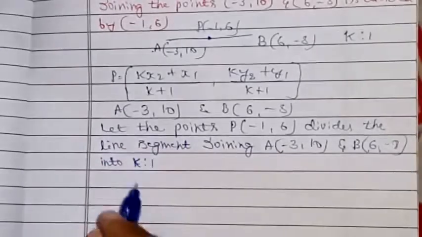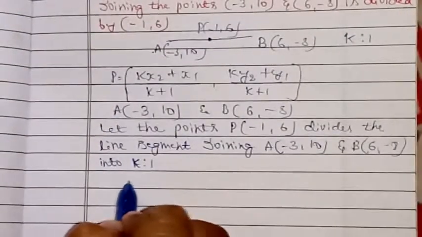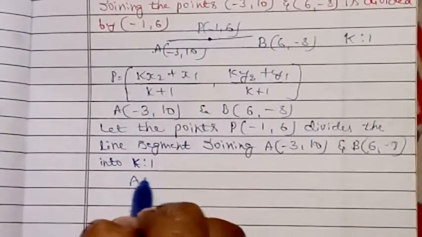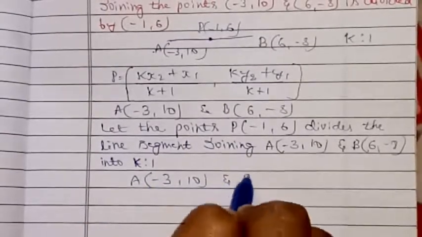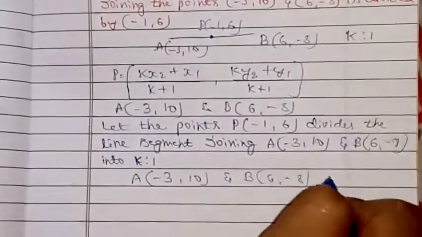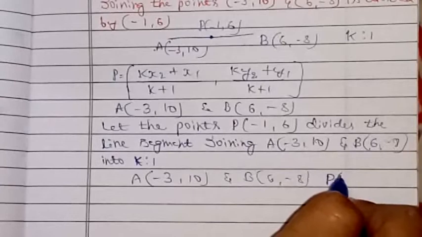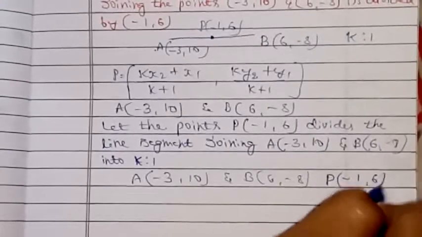So you need to find the ratio. Now this is the formula. Again I'll write the coordinates of A (-3, 10) and B (6, -8), and here the coordinates they have given, P, are nothing but (-1, 6). Right, children?